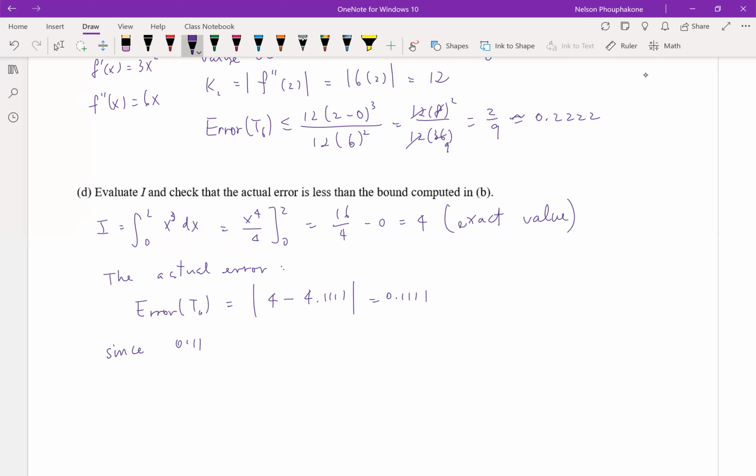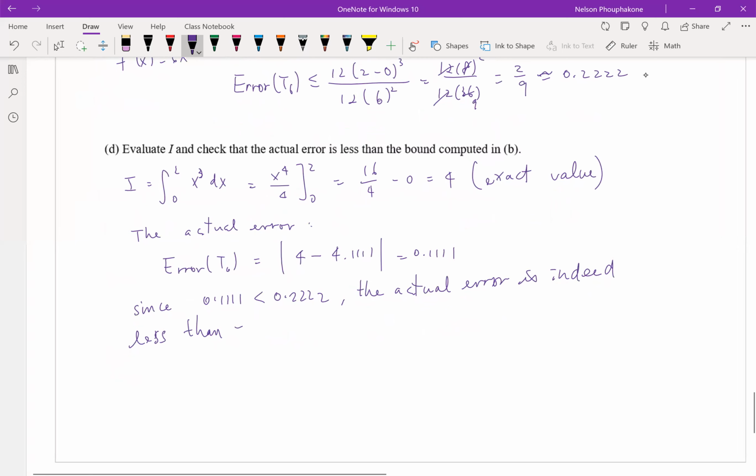Since 0.1111 is less than 0.2222, the actual error is indeed less than the maximum possible error.